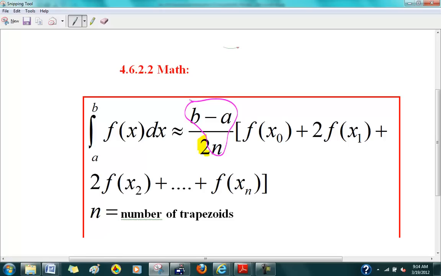Yes, another question, Henry? So the difference between this one and the rectangle one before is just that this one is supposedly more accurate than the other one. Why didn't we learn this at the beginning? Because this is a little bit more difficult than the other one. The one that we started out with is a very classical way of finding the area underneath a curve.